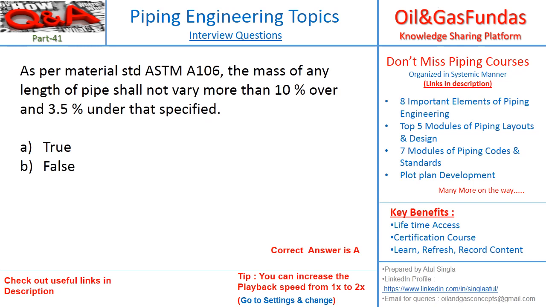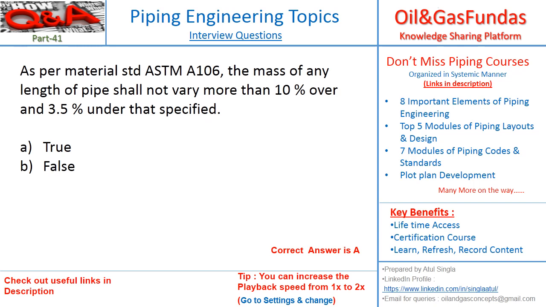This is one of the clauses which is mentioned in ASTM A106 regarding the mass, the weight of any length. This cannot be more than 10% over and cannot be less than 3.5% under. This is a basic guideline. It is because there is a general requirement from any of the purchasers, but the mass of the length, and the length itself or wall thickness, cannot be uniformly distributed by any of the manufacturers.